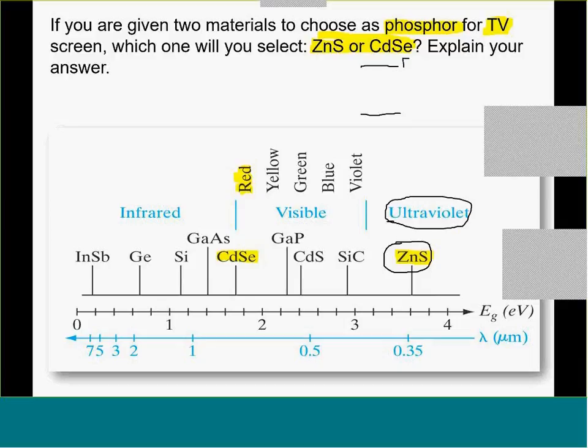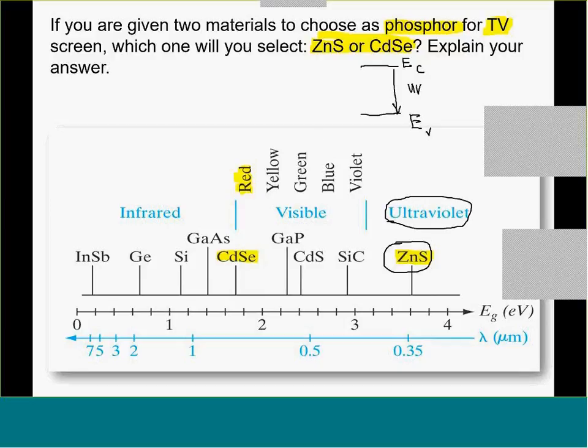Let's say this is the conduction band, and this is our energy band gap. If there is a band-to-band transition, then we can have our UV line.